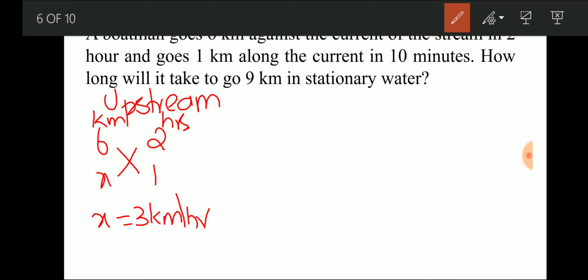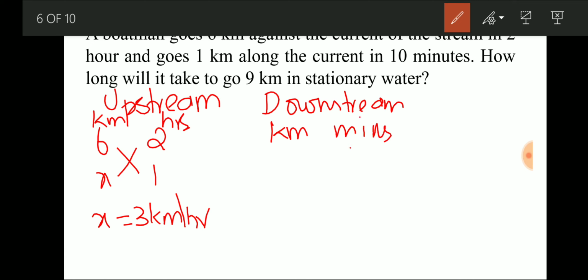A very simple technique. Now, downstream is going to be 1 kilometer for 10 minutes. So it's given in minutes. If it goes 1 kilometer in 10 minutes, then for 60 minutes, or 1 hour, just cross multiplication, the value is going to be 6 kilometers per hour.